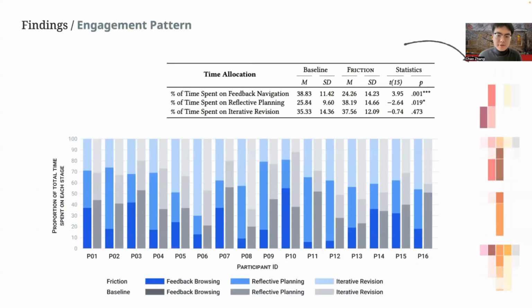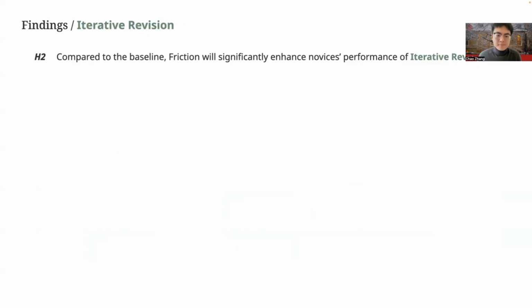When we looked into the reasons, we found participants spent less time browsing feedback thanks to our feedback distribution heatmap. The saved time was then used for reflection. Meanwhile, with the help of AI-generated hints, our participants achieved a better performance in reflective planning.